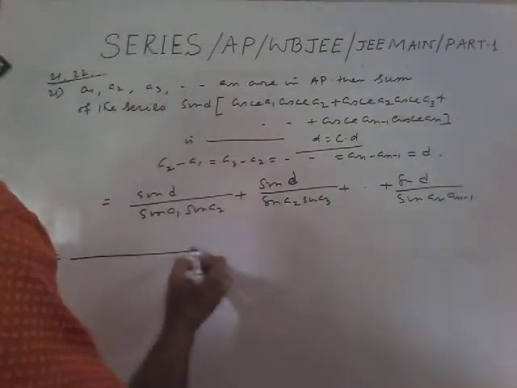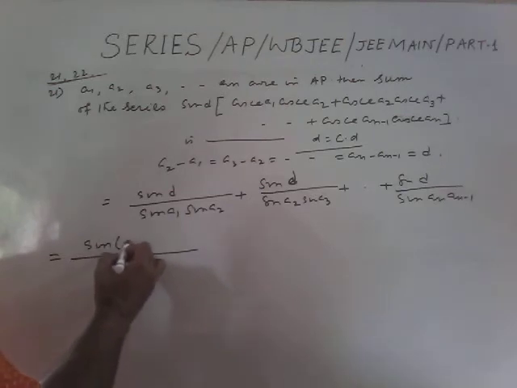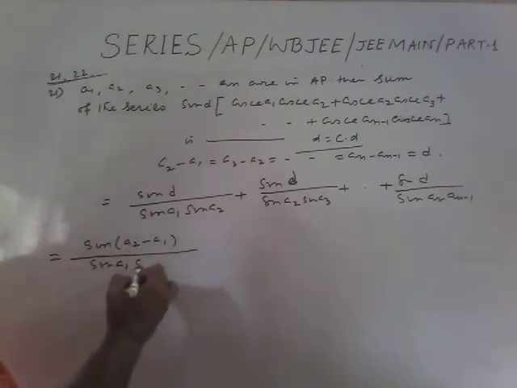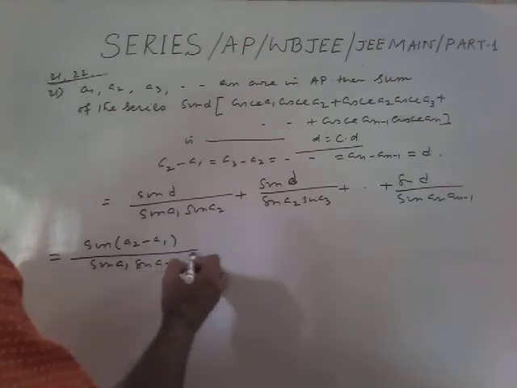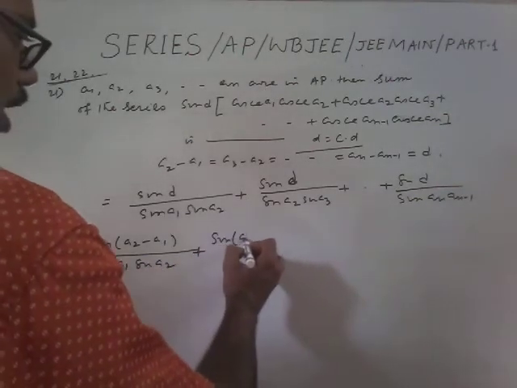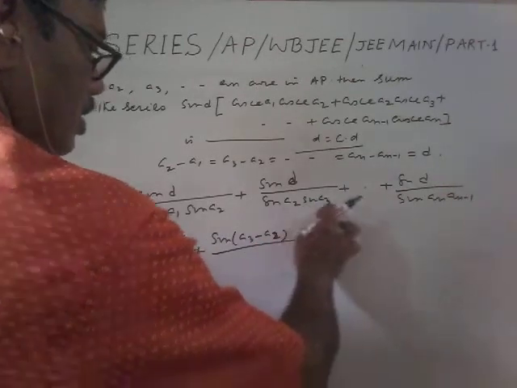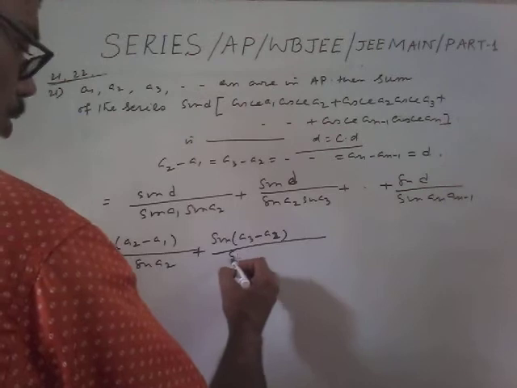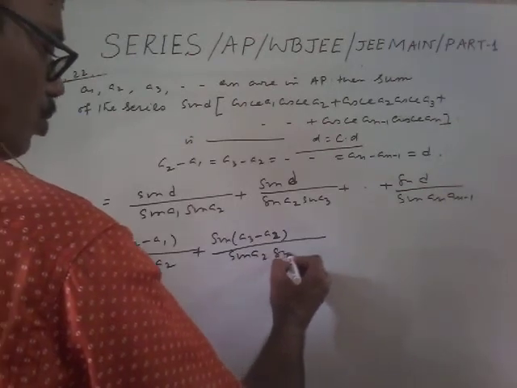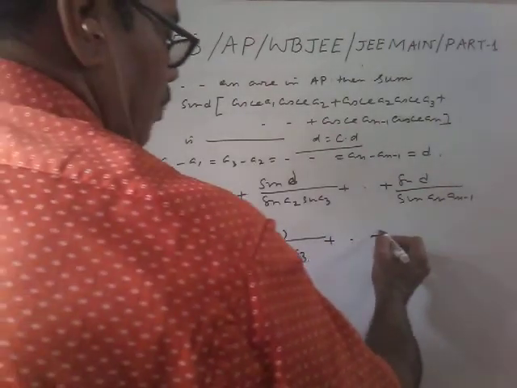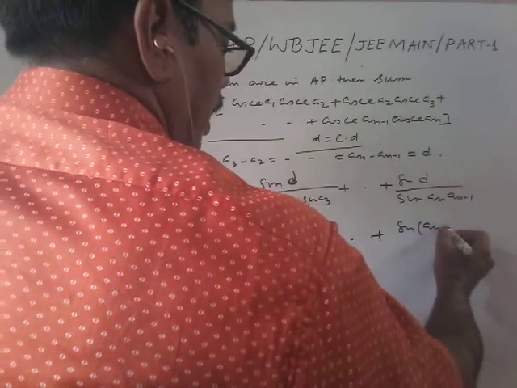Now this step is to be noted. What is d? d is a2 - a1, so this one is unchanged. What is d here? We take a3 - a2, since it is in terms of a3 and a2, sin a2 sin a3, and finally sin(an - a(n-1)) over sin a(n-1) sin an.